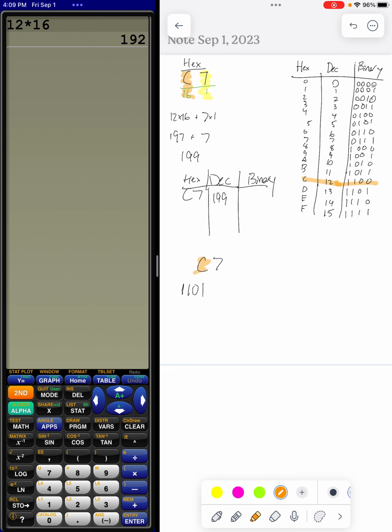That's that 12-bit. And then a 7, as we said, 7 is 0111. So in total, if I wanted to represent the number C7 in binary, I could just write 11000111. So those are all the same number.